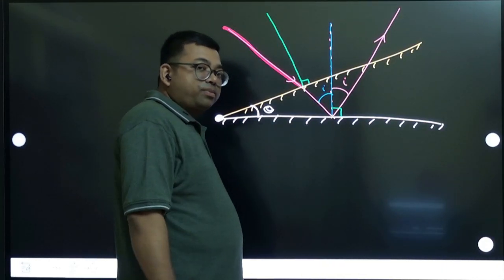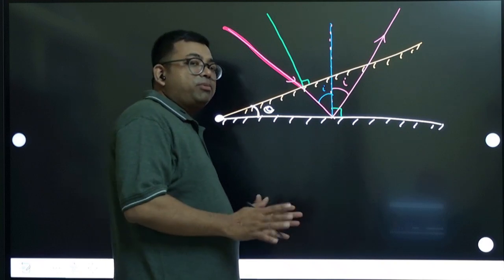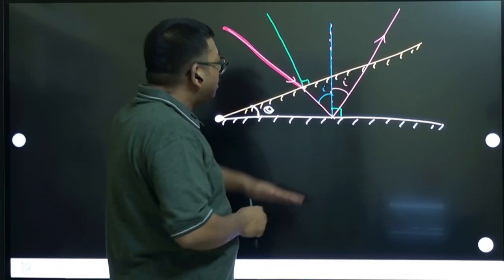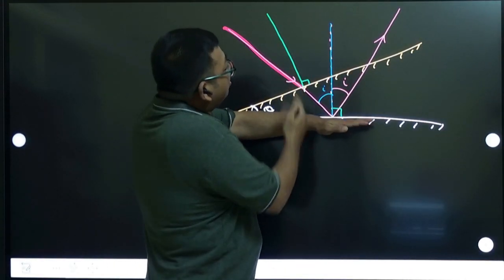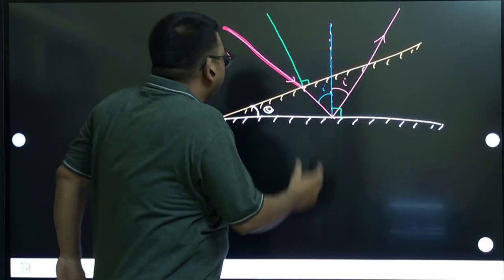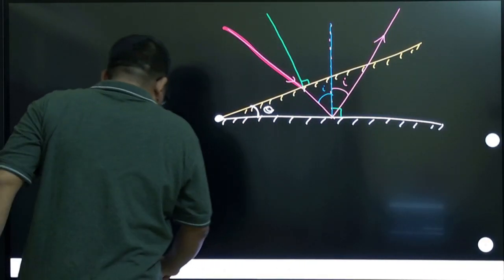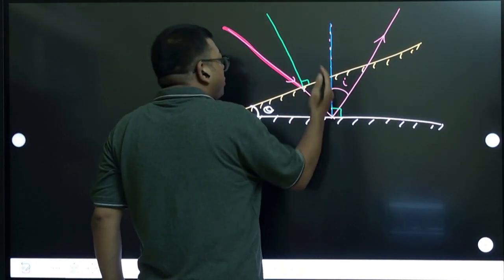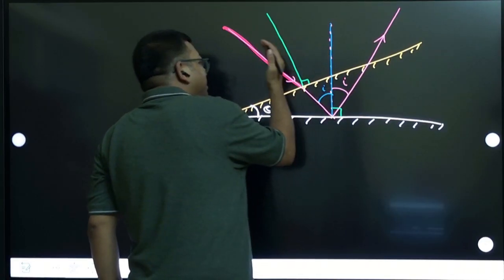How do you know that? We know by a simple property of two lines: the angle between two lines is the angle between their normals. So on this line this is the normal, on this line this is the normal. So the angle between these normals is still the same. If you want, you can extend them.